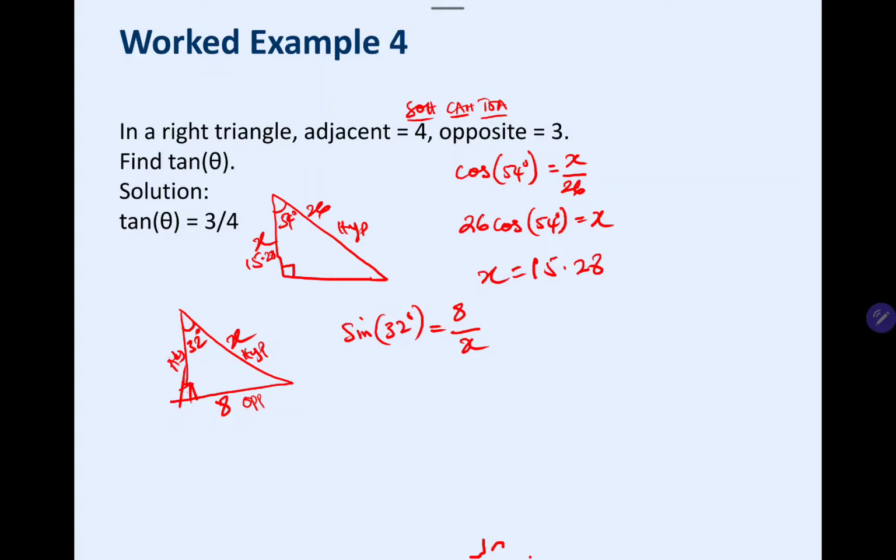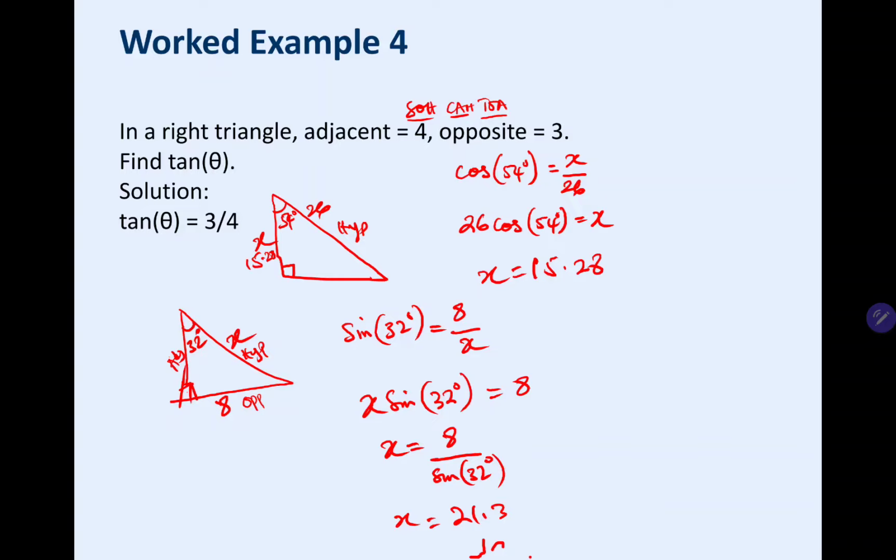So we then have x sine 32 degrees is equal to 8. And to know what x is, we'll divide by sine 32, which will be x is equal to 8 over sine 32 degrees, and x is equal to 21.3. 8 divided by sine 32 will give you 21.3.